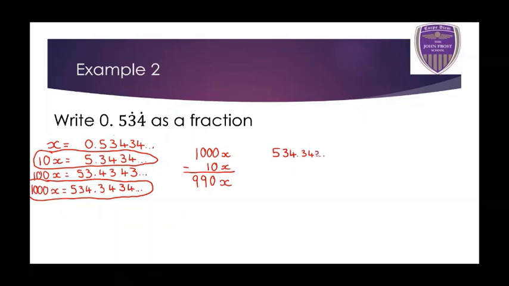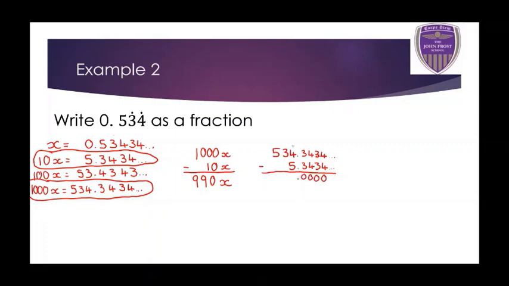Oh, I'll write another 34 in there just so we don't get mixed up with the decimal point. 534.3434, and we're going to take away 5.3434. Okay. So let's go through this. Everything after the decimal point is going to cancel out. So there's going to be 0, 0, 0, 0.